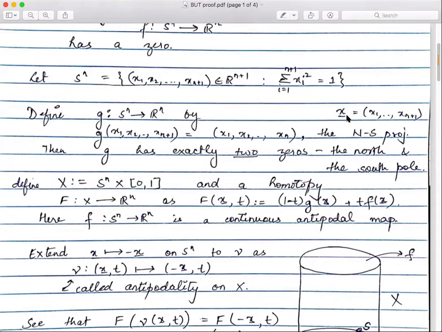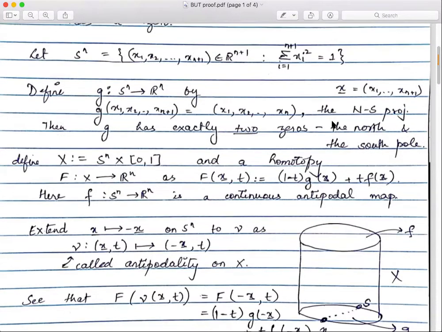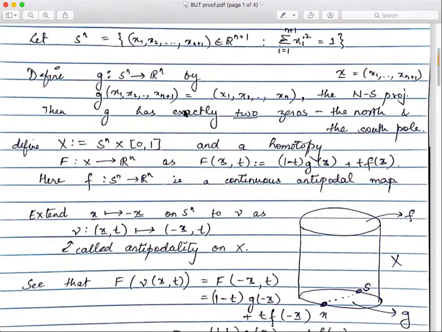Depending on which dimension we are working in, x bar might mean x1, x2, ..., xn+1 or x1, x2, ..., xn. So this is the north-south projection. It takes both the north pole and south pole to the same first n coordinates. The last coordinate is chopped.